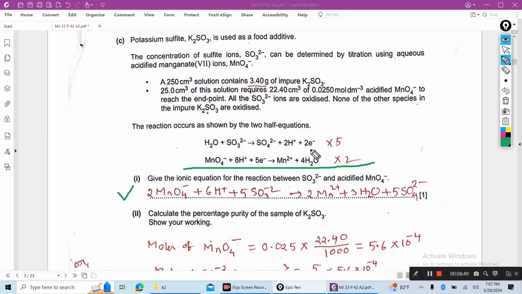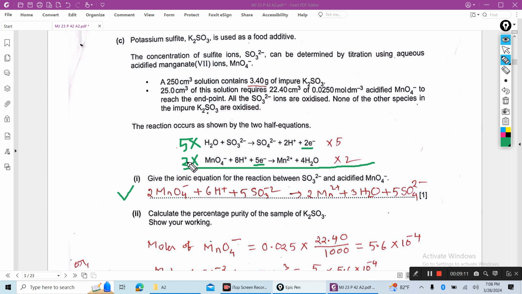So here the first equation has 2 electrons, here 5 electrons. That's why if you multiply the first equation by 5 and the second equation by 2, the electron numbers will be equal. Then the electrons will be cancelled if you add.